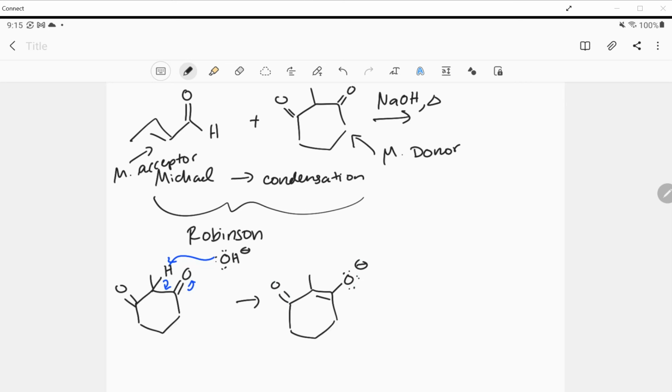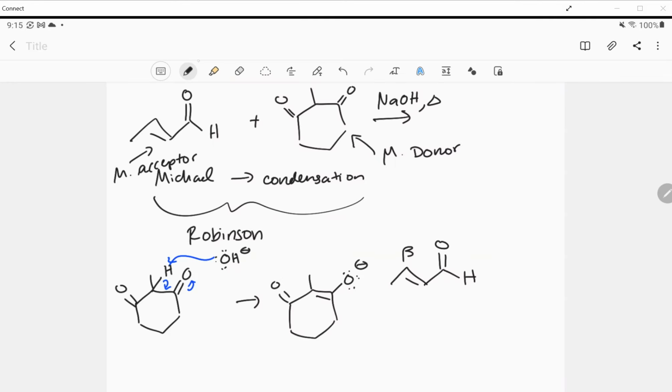So we know that since this is going to be a Michael addition, that enolate is going to attack the fourth position, or the beta carbon of our Michael acceptor. So if we redraw that acceptor, this is the beta position here. That's the one that's going to be attacked.